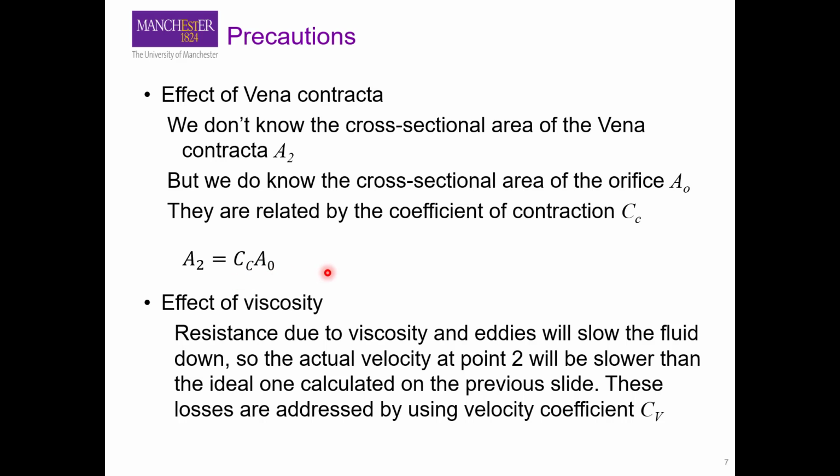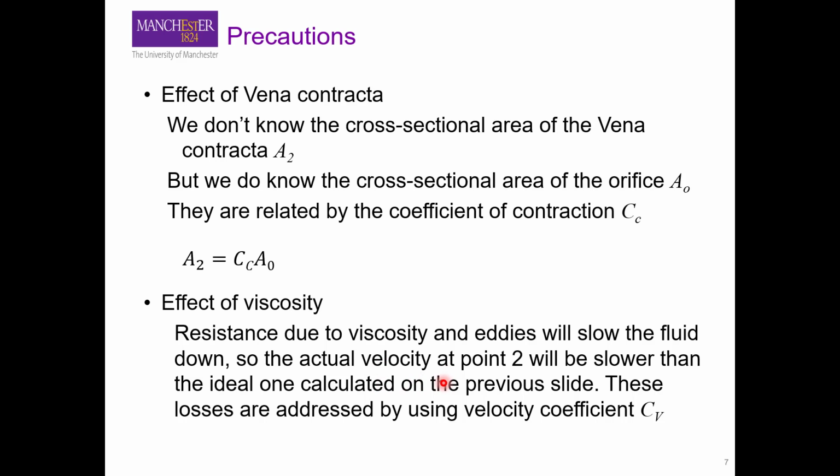Okay, and in addition to these constriction effects, we also have, for example, the viscosity effect as well. Due to the viscosity effect, the velocity of the fluid at the lower side of, for example, the vena contracta is also going to be affected. So we also need another coefficient to account for that viscosity effect, and that is what we call CV, the velocity coefficient that considers the effect of viscosity and the eddy formation.